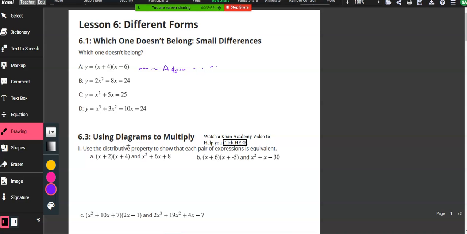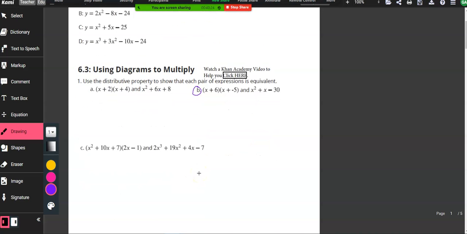6.3, activity 3 here. It's called using diagrams to multiply. There's a little link right here. Watch this Khan Academy video for help. I'm gonna do B, and when you get a chance, you could click on that video, and it'll take you to a Khan Academy video.